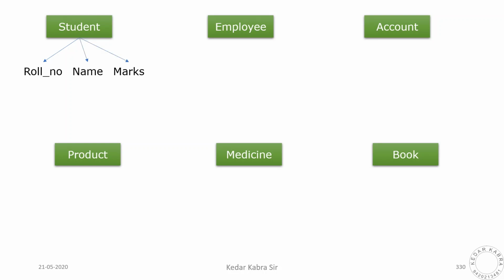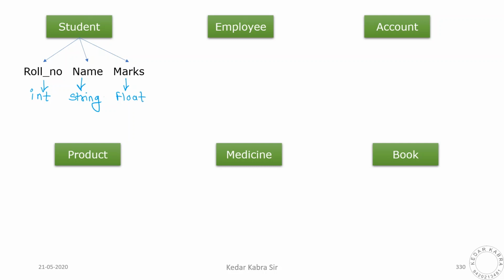I have considered only 3 properties here, but we can take many properties like age, gender, city, mobile number, email ID, etc. If you look at the data that we are going to handle for a student, then you can see the roll number is of integer type, name is a string, and marks, if we talk about float or percentage marks, then it is float.